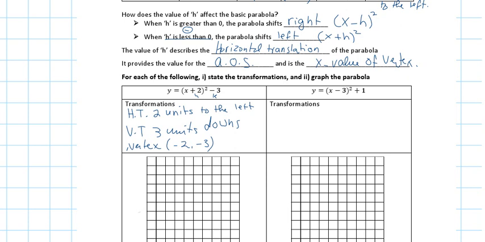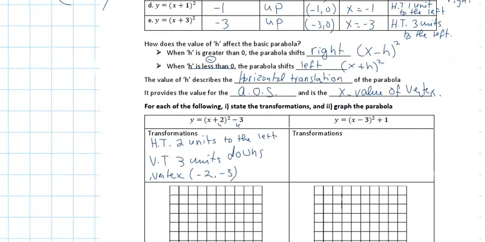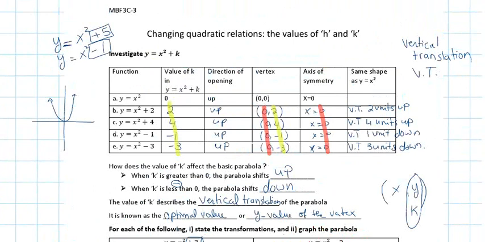Because you remember I told you that yours is opposite to what you see. So if it's positive inside the bracket, that means h is negative. And the 3 doesn't become positive, because with the k value, you're adding a k value, so the k value matches the same sign. Only h is the one that you flip the sign of.